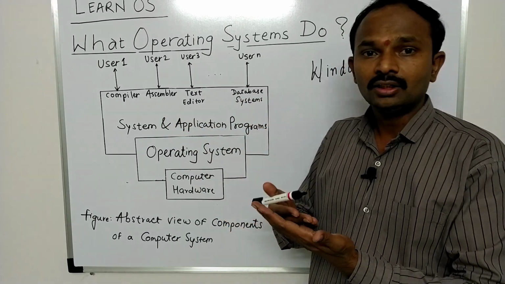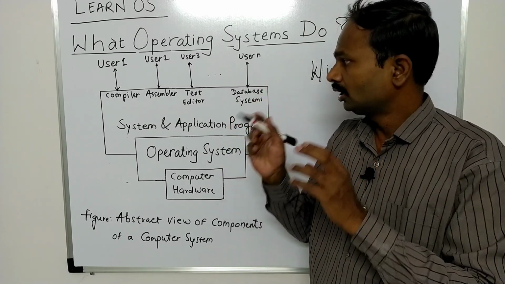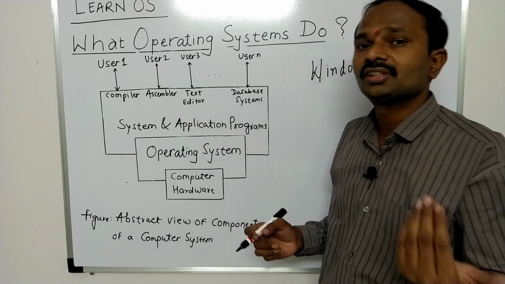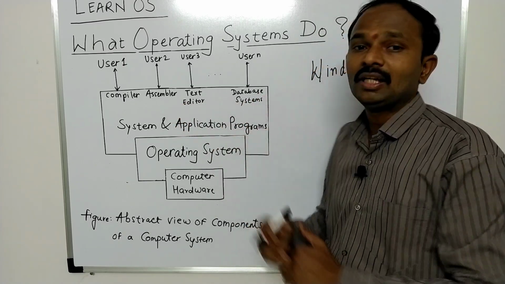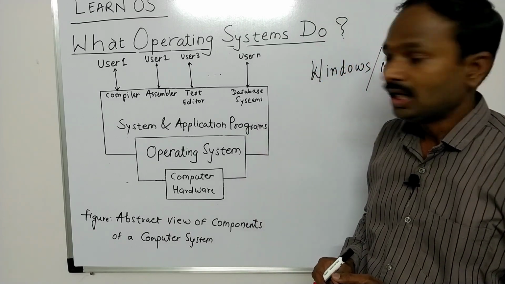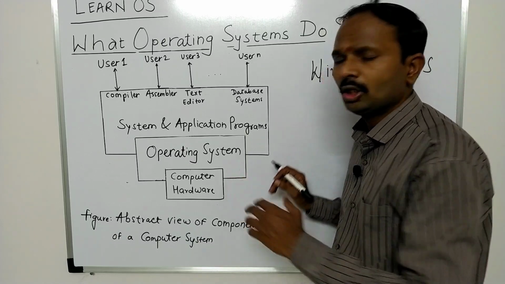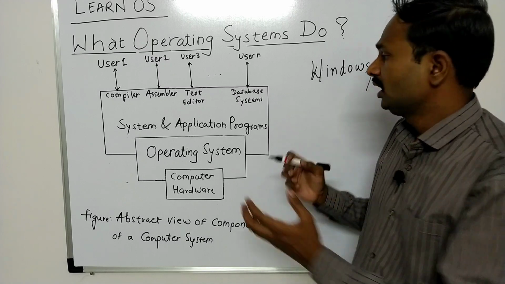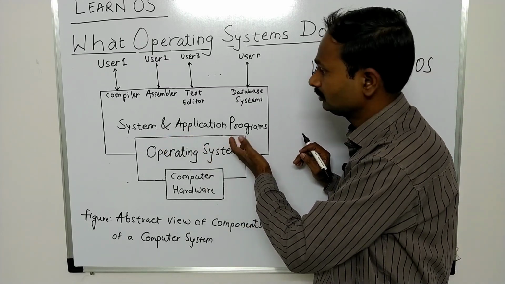Now, we interact with the computer system through a graphical user interface, and through application programs. To run those application programs, we need an operating system. In a formal way, the operating system can also be defined as a group of system programs and application programs.